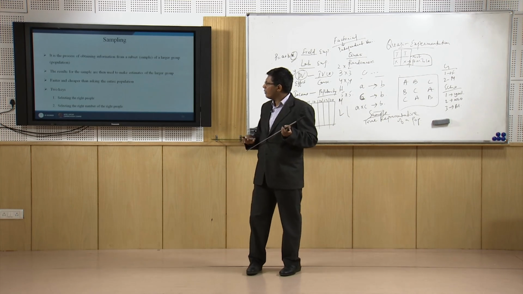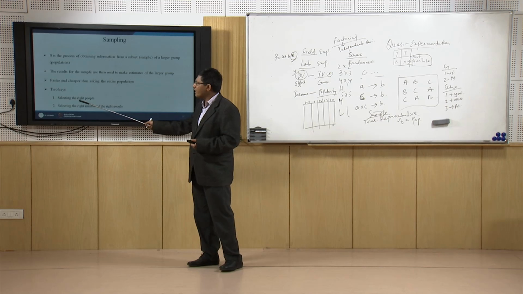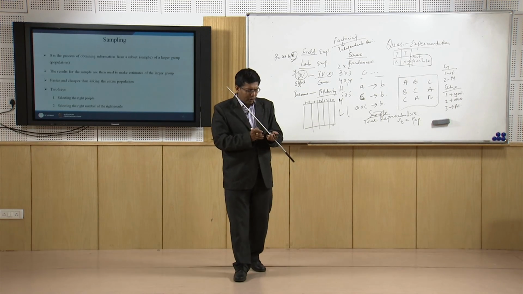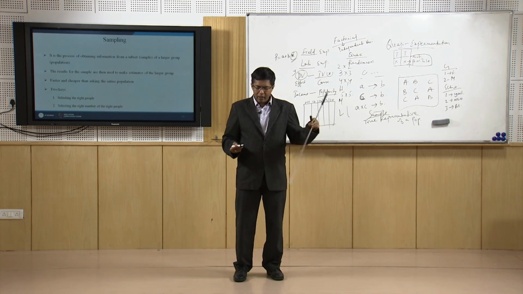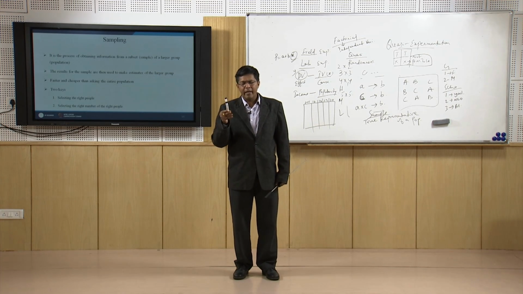But in terms of marketing we will say selecting the right people and selecting the right number of the right people, two things very important. So, sampling says, if you are conducting a study, let us say you want to check the use of this marker, whether this marker is good, effective or not.